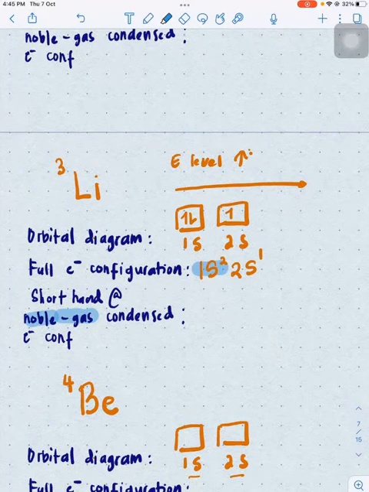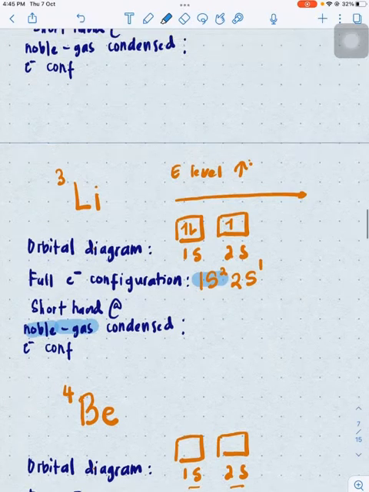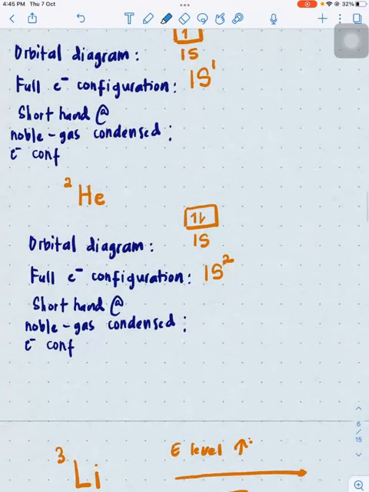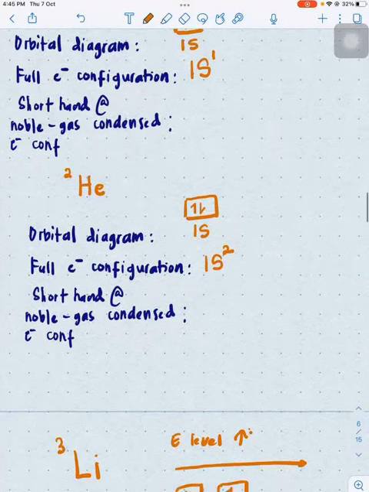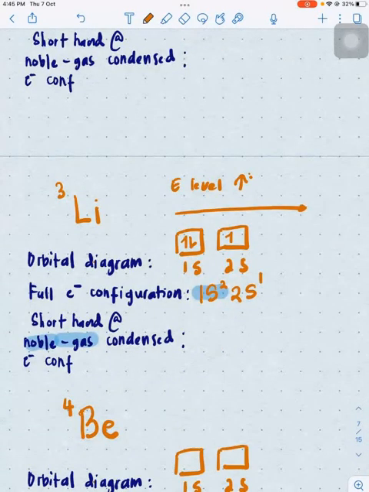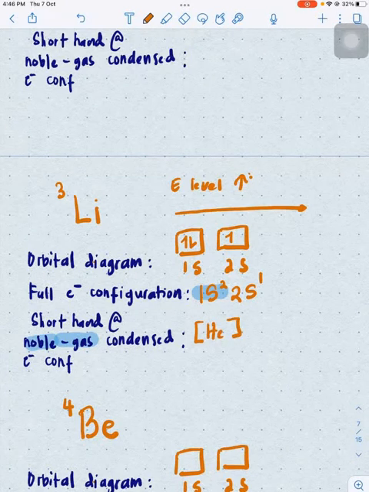Okay. So maknanya kita tengok helium, dia punya electron configuration adalah 1s2. So meaning that kita boleh substitute 1s2 ni dengan square bracket helium. Sebab bila kita tulis square bracket helium ni, it is understood that the electron configuration is 1s2. Okay. And then yang ni kita letak kat luar 2s1.